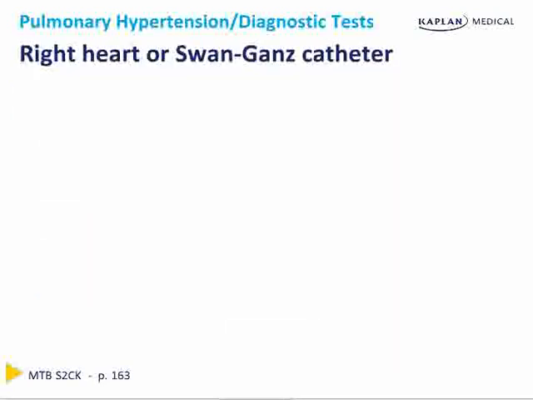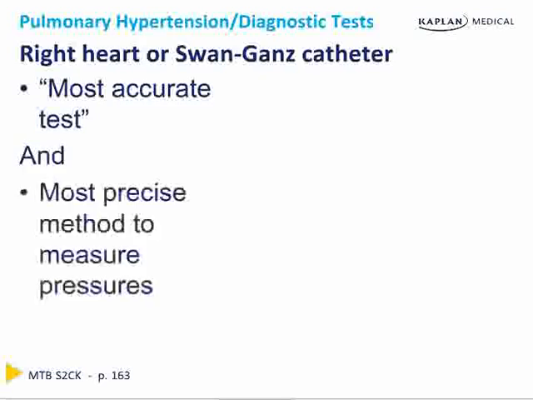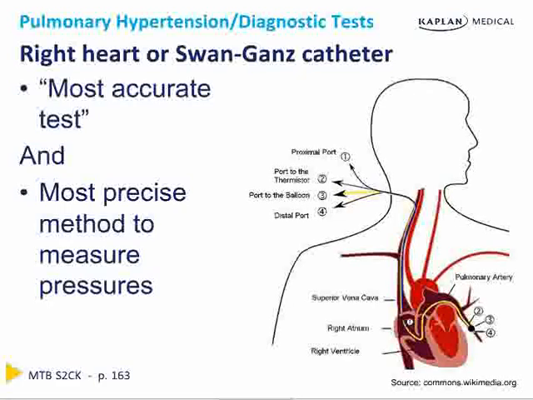The ultimate diagnostic test, and the most accurate, will be a right heart or Swan-Ganz catheter. And it's the most precise method to measure the pressures within the different chambers of the heart. This is a picture of how a Swan-Ganz catheter is inserted. It usually goes in through the internal jugular vein and can be threaded down through the SVC into the RA, RV, and all the way into the pulmonary artery.